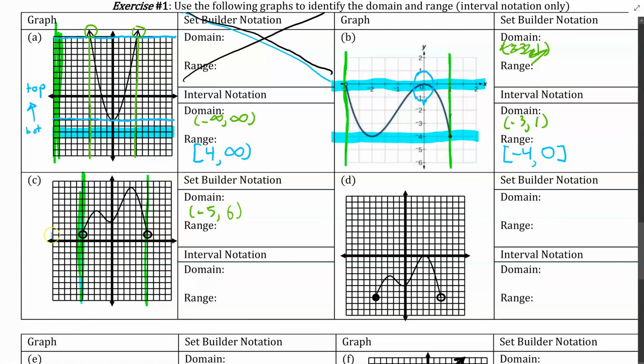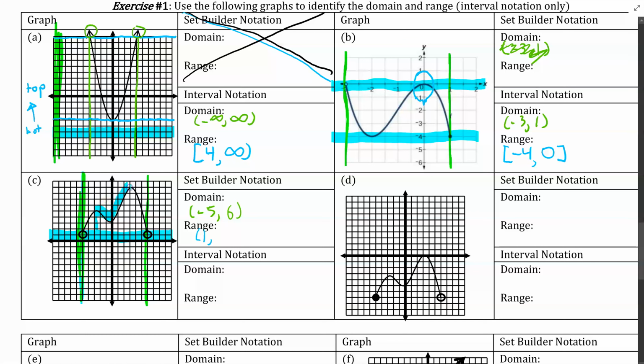Now moving on to our range. Starting at the bottom, the first time that our line touches the graph will be at 1. And because they're both open circles, it doesn't actually touch in any place that's filled in, so we use a parenthesis on 1. And then continuing to sweep up, it might look tempting to stop at 3, but notice that if you sweep your pencil upwards, you're still touching the graph.